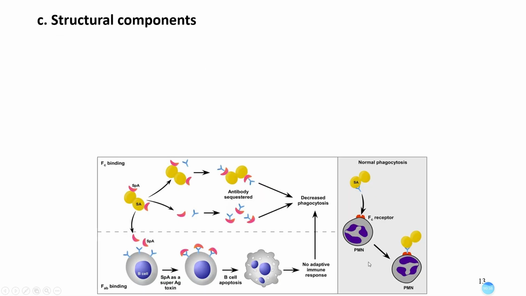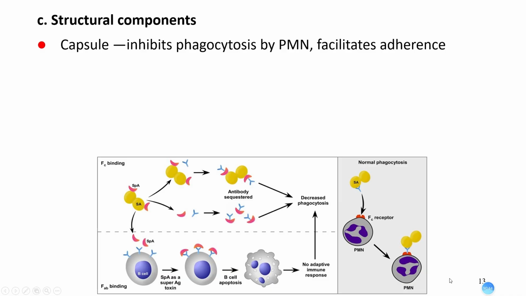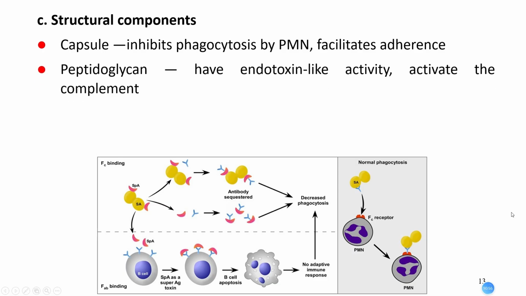Okay, the structural components. We mentioned the SPA first, but they also produce other structural components like the capsule, which can inhibit phagocytosis by neutrophils and also facilitates adherence. And it's a gram-positive bacteria. It has thick peptidoglycan layers that have endotoxin-like activity.